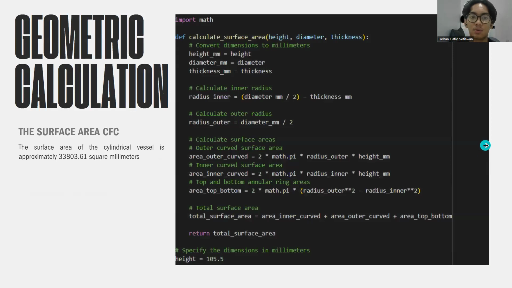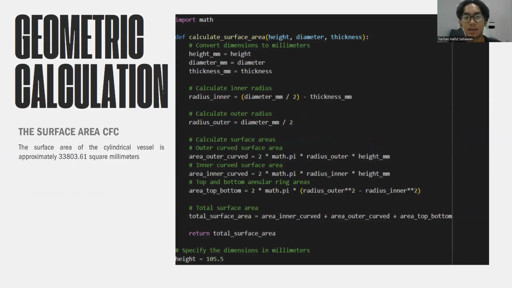We got the area of the vessel is approximately 23803.61 square meters.